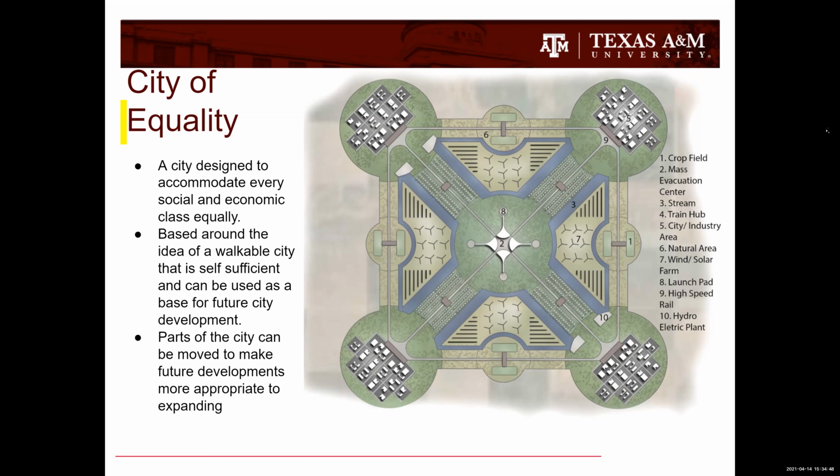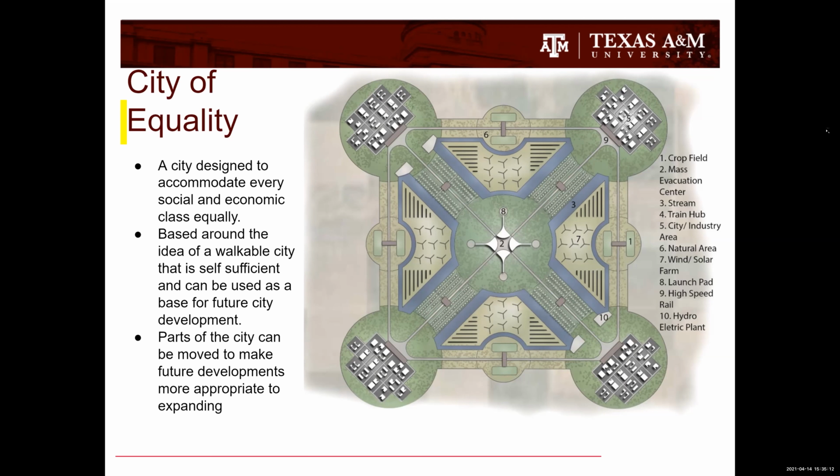And also you can tell that I think it is number 9, if you can look at it, that is a high-speed rail system that goes throughout the whole site, and will take you from residential area to city area to the evacuation hub to anywhere throughout the whole site.